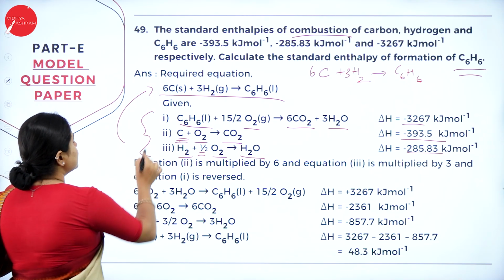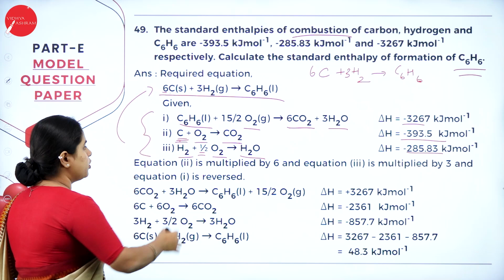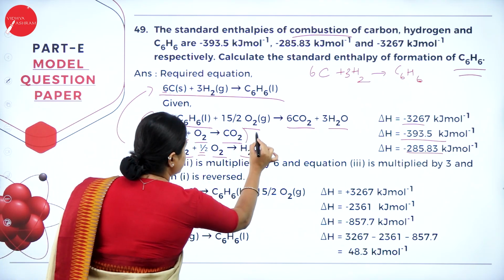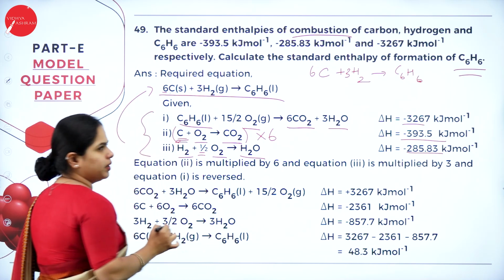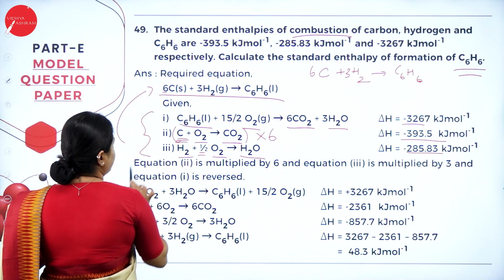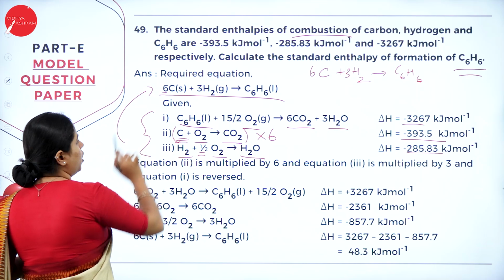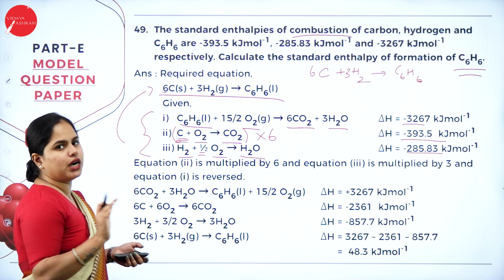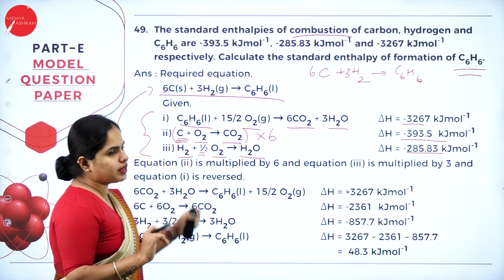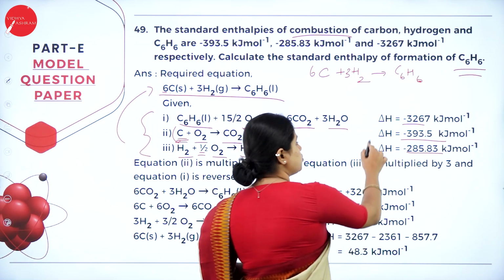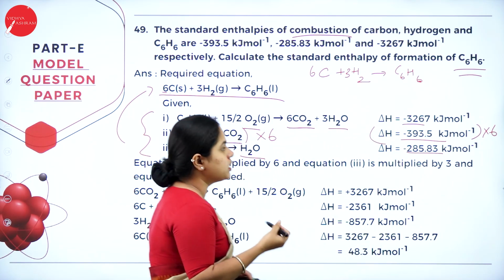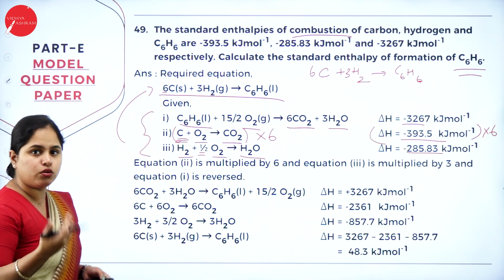But 6 moles of carbon are required, and you have only 1 mole of carbon here. So what do you have to do with the second equation? You are going to multiply it by 6, so that you get 6 moles of carbon, equal to the required equation. If you multiply the second equation by 6, what happens to the enthalpy value? It will also be multiplied by 6. That is minus 393.5 into 6.